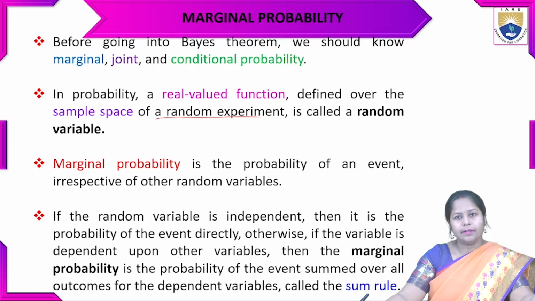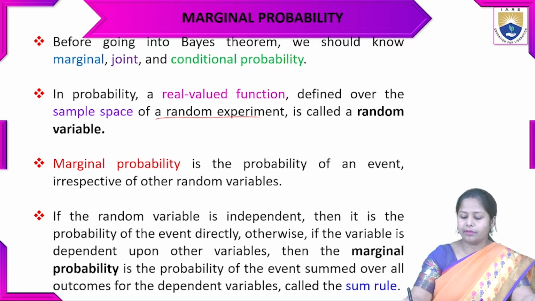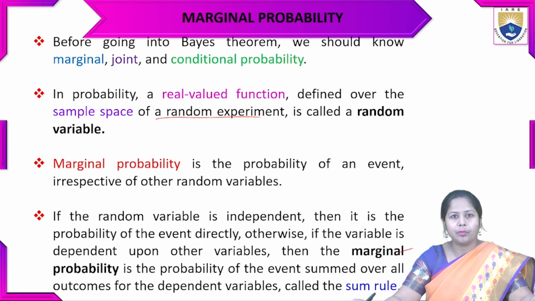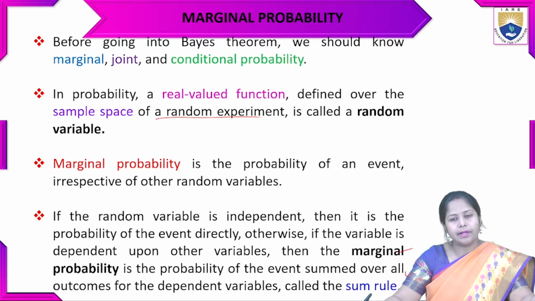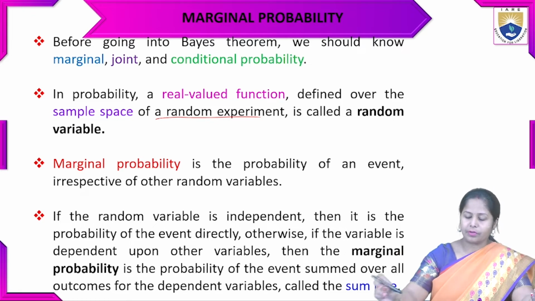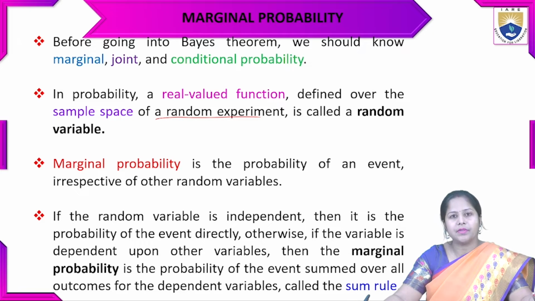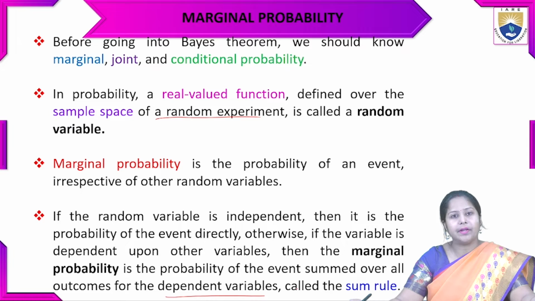If the variable is dependent upon other variables also, then the dependency will be there, and then the marginal probability will be the probability of the event summed over all outcomes. What are the different outcomes coming over one test? The marginal probability is the sum of the probabilities of all those events, for the dependent variable.